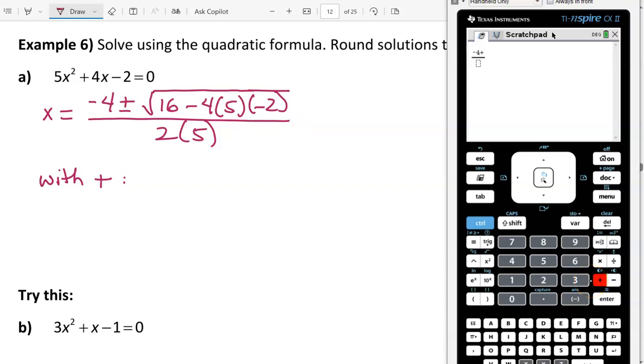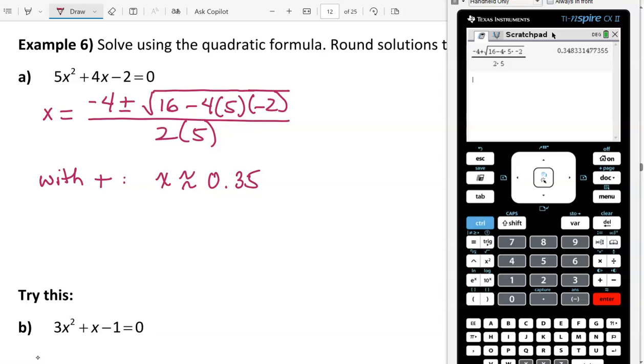There is no plus or minus key. The square root of 16 minus 4 times 5 times negative 2, all over 2 times 5. And then you could just press Enter and round it to the nearest hundredth. We get 0.35.